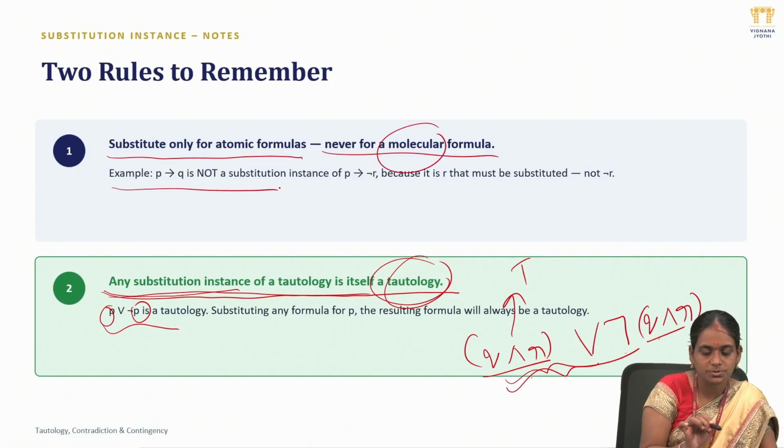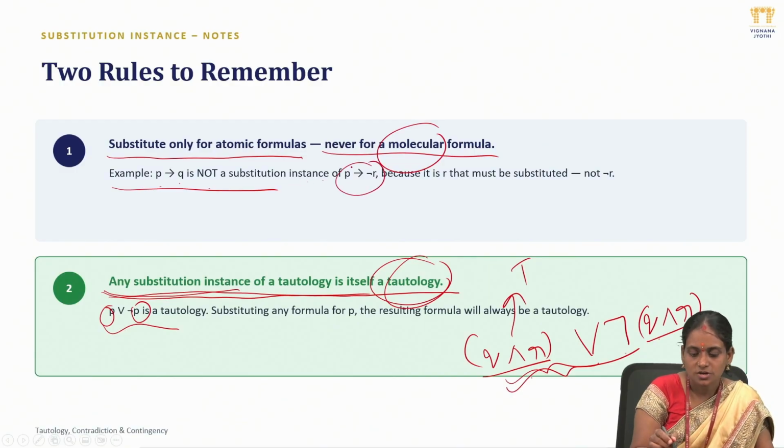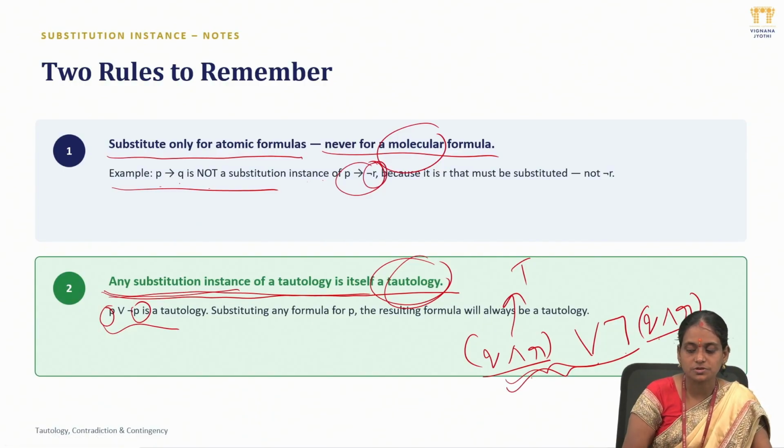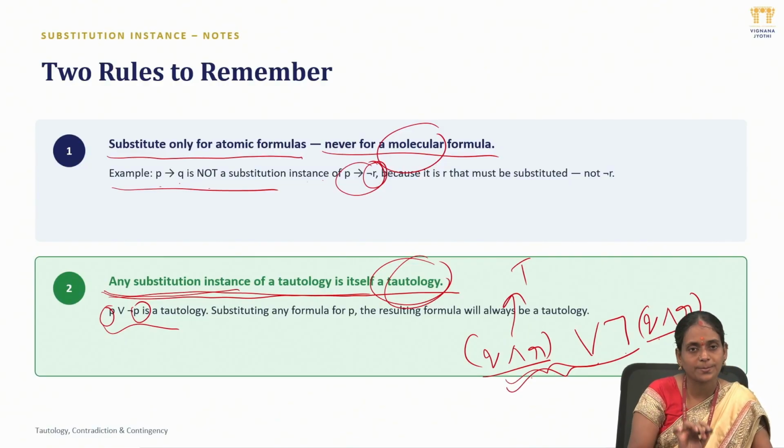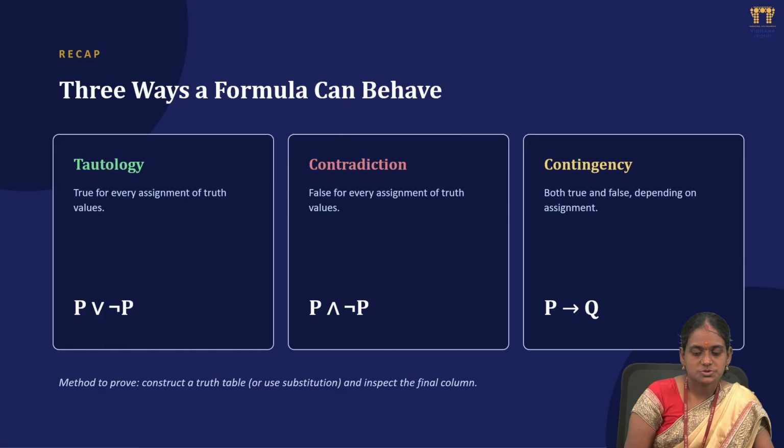Here I have given one example: P implies Q is not a substitution instance of P implies negation R, because this R is combined with a negation, so that should not be substituted. If you have atomic statements only, we should consider substitution instance. That is the case for substitution instance.